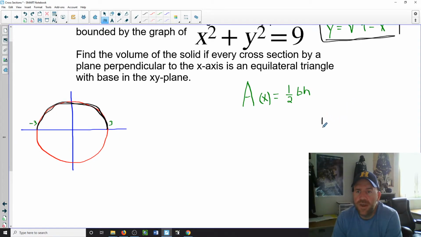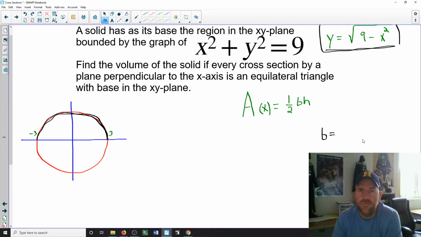The base is in the function. If I were to draw an equilateral triangle, here is one of the sides, and then the other sides, I'm just going to draw coming out at us. We know all three of those sides are the same length.